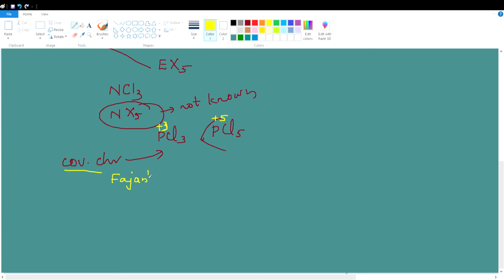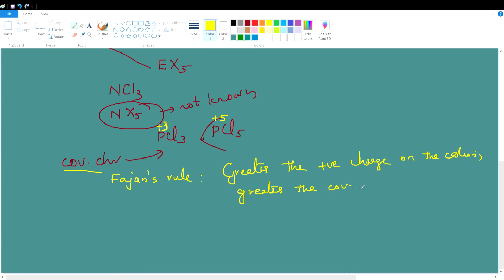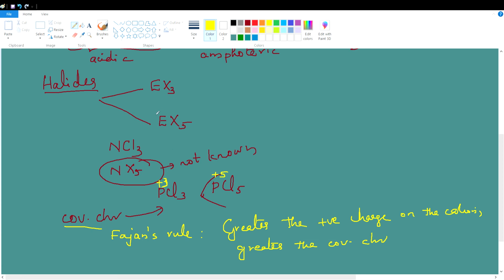According to Fajan's rule, greater the positive charge on the cation, greater the covalent character. So here phosphorus carries +5 charge, hence PCl5 is more covalent than PCl3. Pentahalides are more covalent than trihalides because in pentahalide the oxidation state is +5, in trihalide the oxidation state is +3.